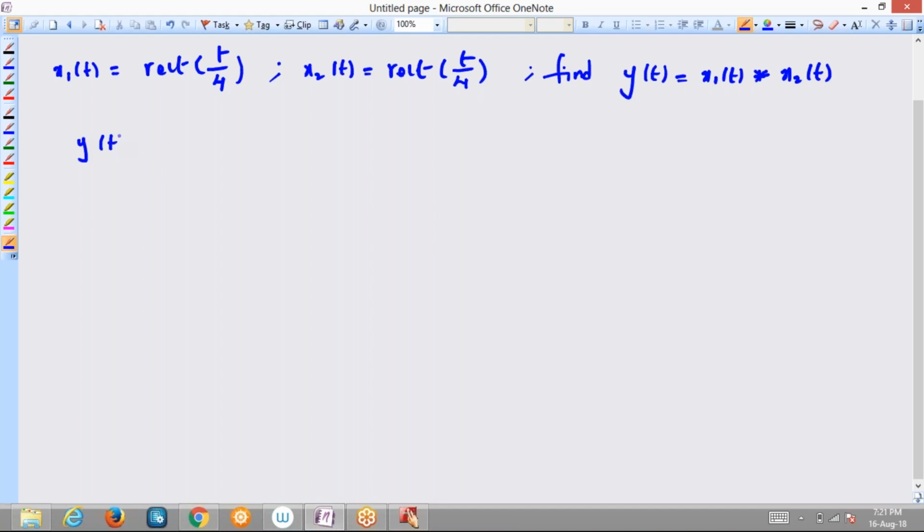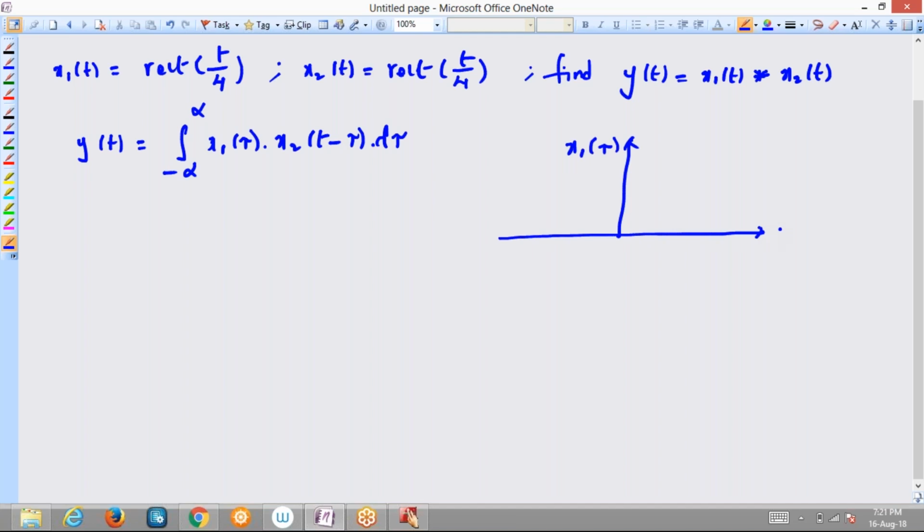So for that y of t, we know the expansion of the convolution integral: it is x1 of tau x2 of t minus tau d tau. So first get x1 of tau, that is, on the tau axis, the rectangle function with amplitude 1.